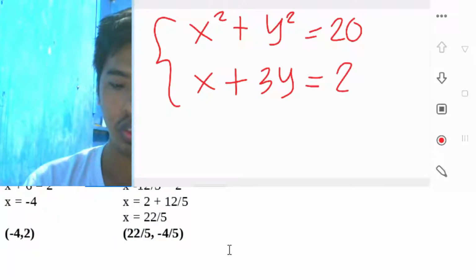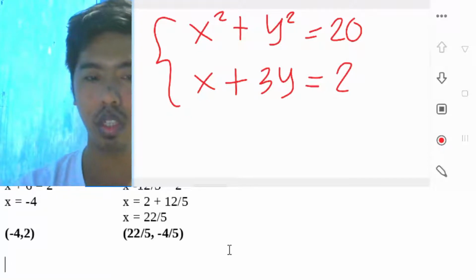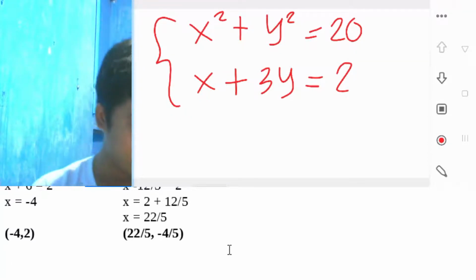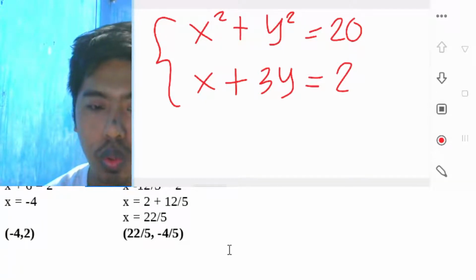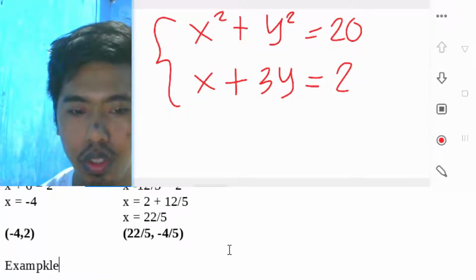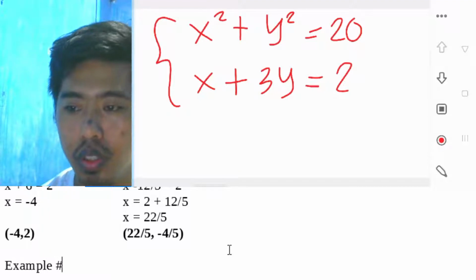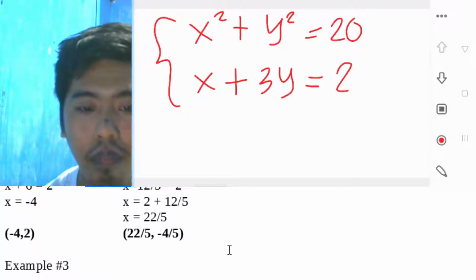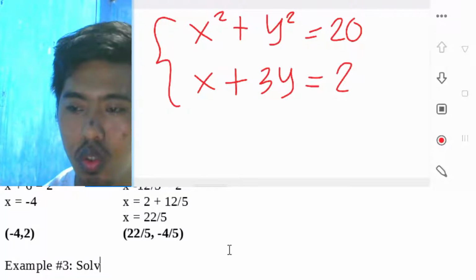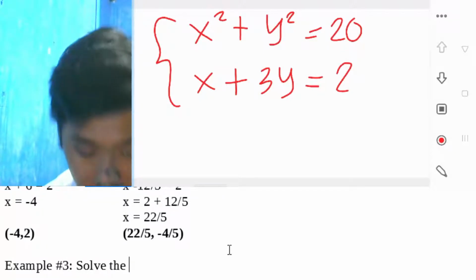Now let's proceed to the next example that we have. Solve exercise, example number 3. Solve the system.